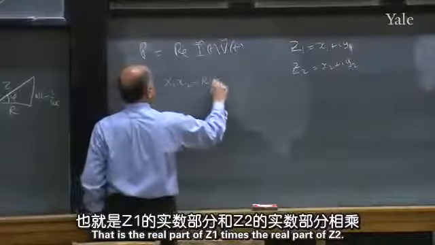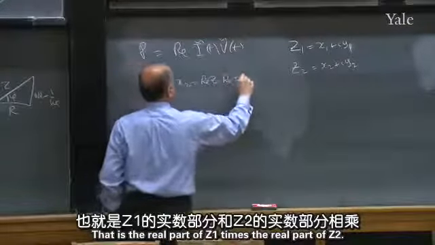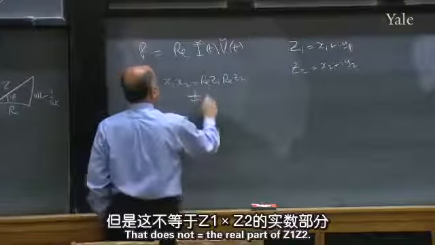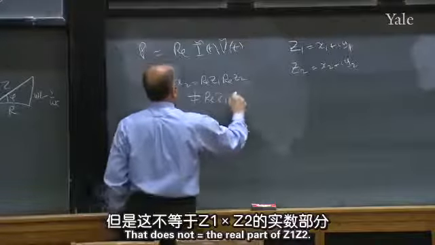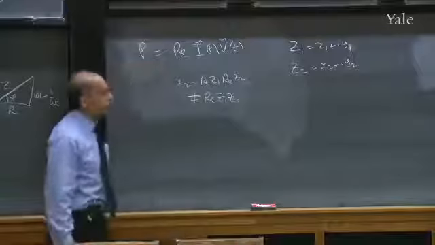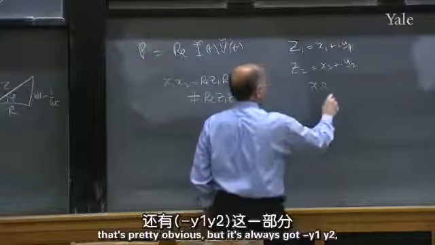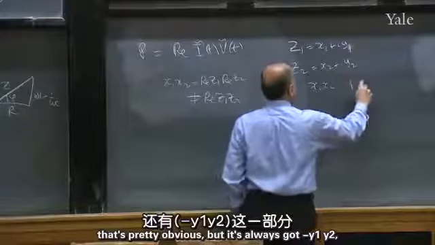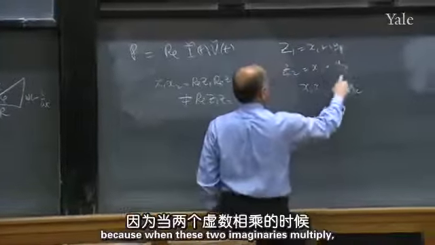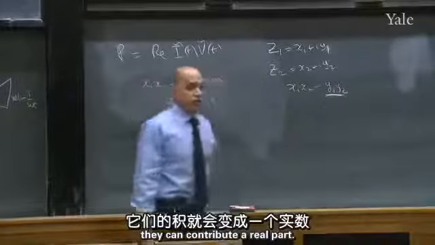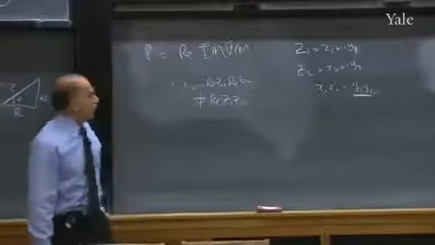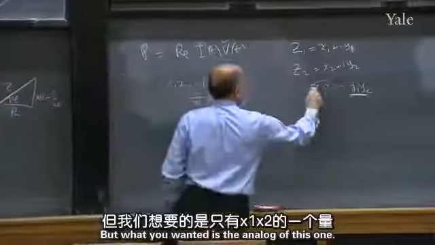That is the real part of z1 times the real part of z2. That is not equal to the real part of z1 z2. Because the real part of z1 z2 has got x1 x2, that's pretty obvious, but it also got minus y1 y2, because when these two imaginaries multiply, they can contribute a real part. But what you wanted is the analog of this one.